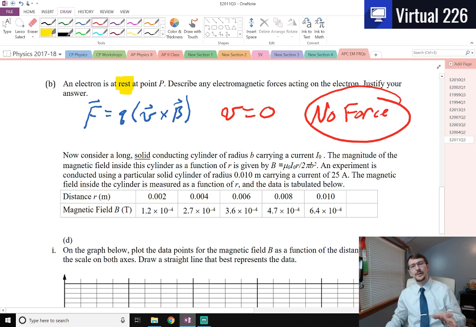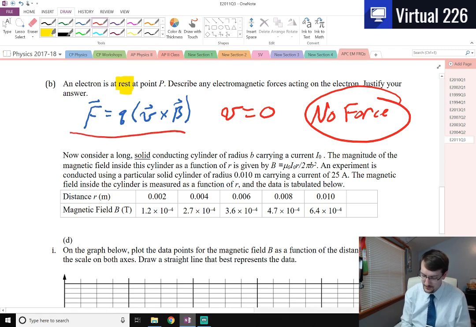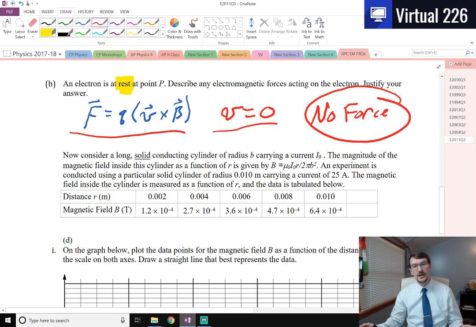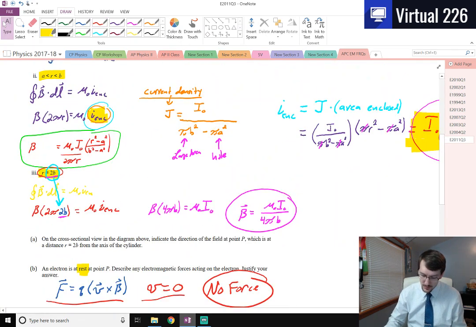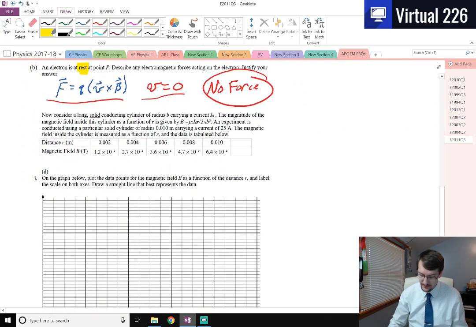There's no force due to the magnetic field, and since there's no electric field either, there's not any electric force being acted upon this. There's not any electromagnetism acting here. So it's just nothing. And we can just justify that answer with this right here. F equals QV cross B, V equals 0, F equals 0. And we're done. That right there is another 2 points. So we just went 10 out of 15 for doing really just one mathy part in the middle here. So I'm loving this problem.